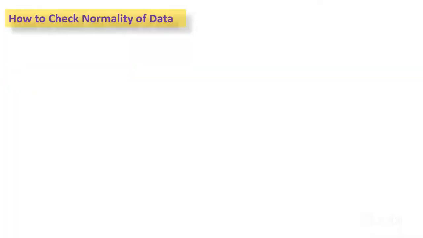So let's see what are the different ways of checking the data to be normal. There are different ways of checking the data to be normal, and few of them are feasible in Excel and the rest are feasible in other software, because Excel has little limitation, right? So not all is possible, but at least a few. So we will see which tests are possible in Excel.